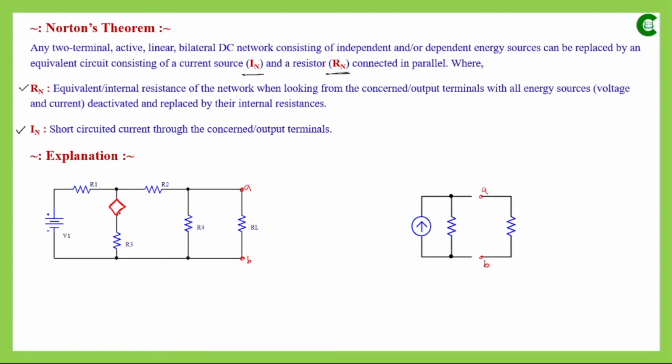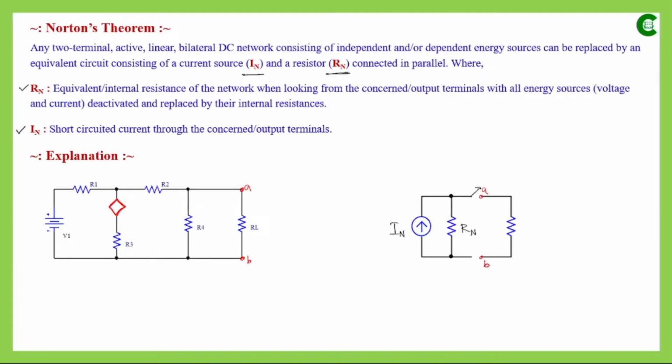Finally, we represent this circuit by a current source of value IN, Norton's equivalent current, and a resistor Rn, Norton's equivalent resistor, connected in parallel.